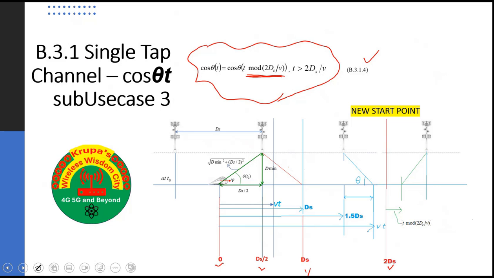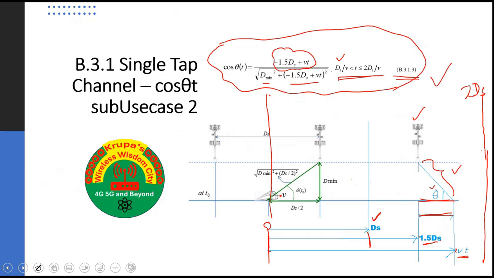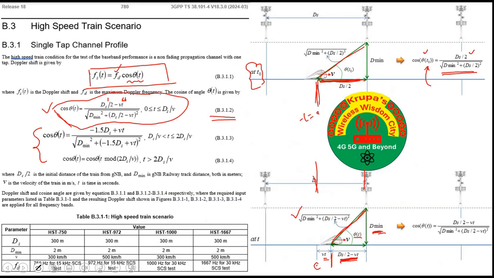Okay, I have given very clear-cut distance and diagram visualizations of this. These are very good technical equations, which you would not find explained anywhere, showing how the 3GPP arrived at them. With that, we thoroughly explained how cos theta t, which is a function of time, has been derived.